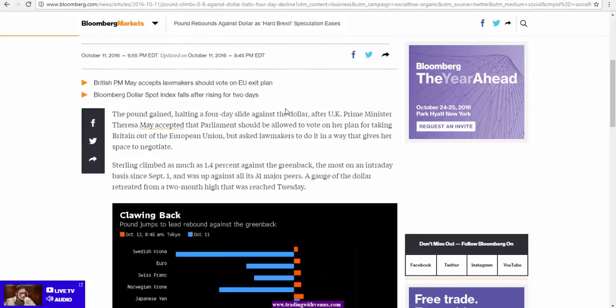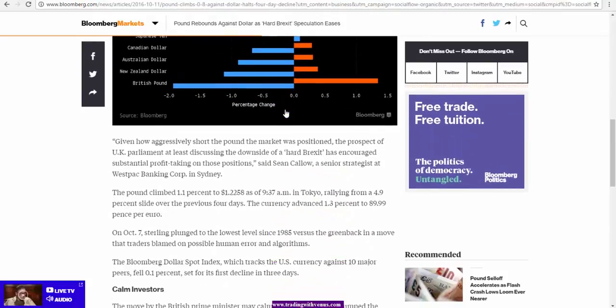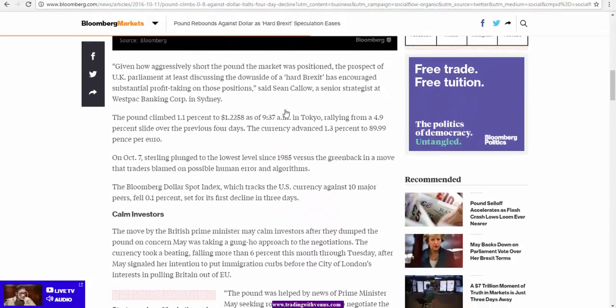So this is positive for the UK and the British pound, and as a result we have seen the British pound pull up. However, the pound is still volatile, and especially with the volatility around the US dollar tomorrow, I would be trading this with caution.